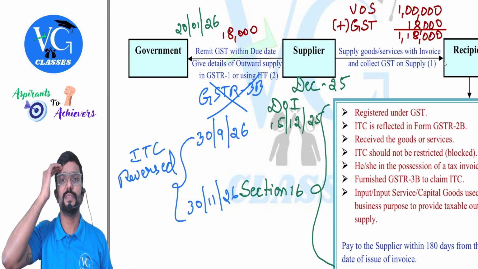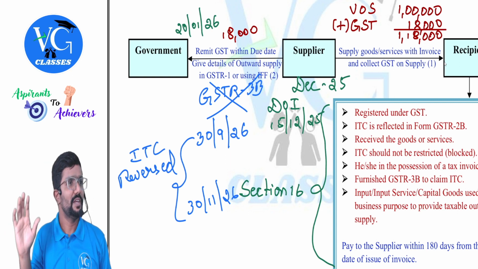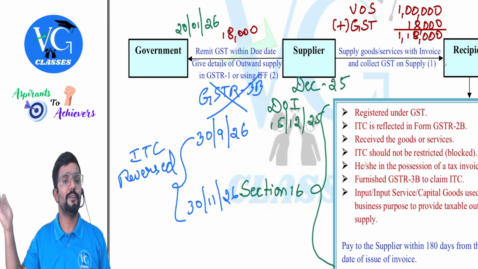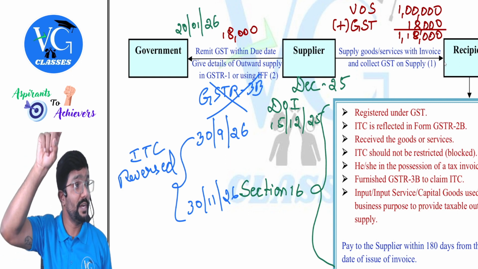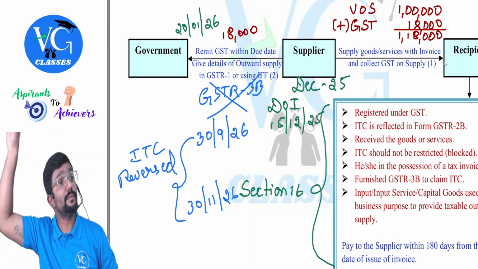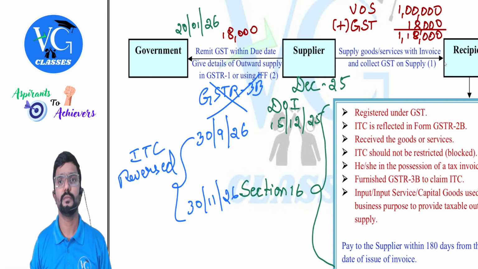Supplier realized his mistake. His business was completely impacted because of it. Now he realized his mistake and filed the GSTR 3B for December 2025 in December 2026. Understood? I will repeat.